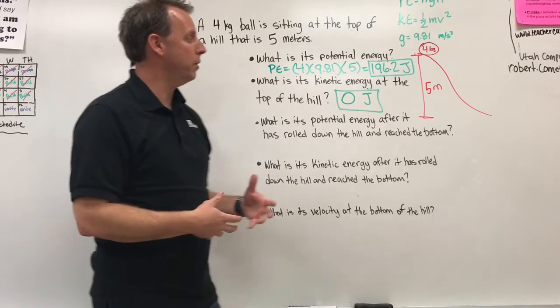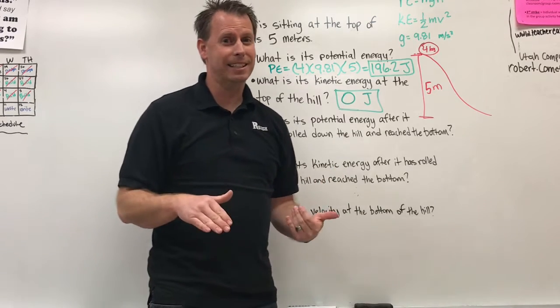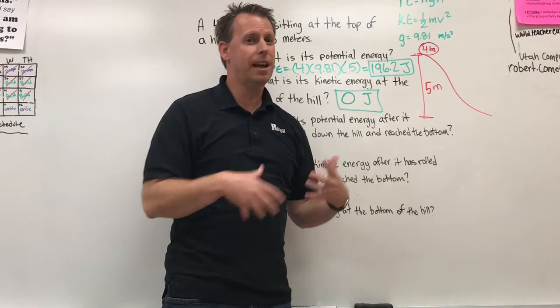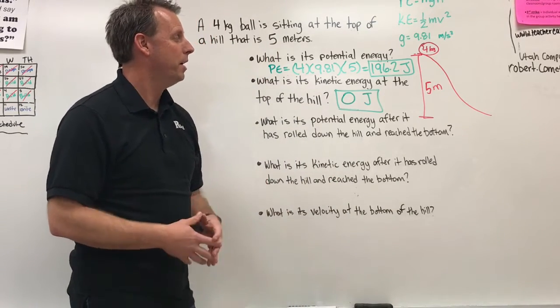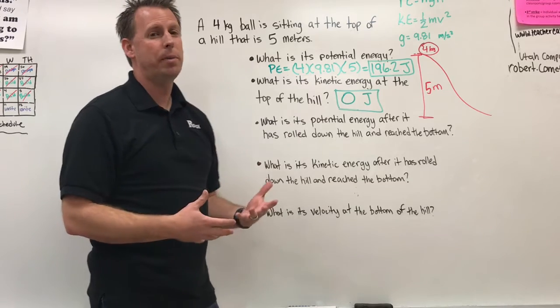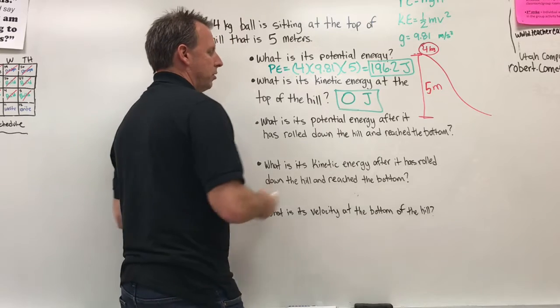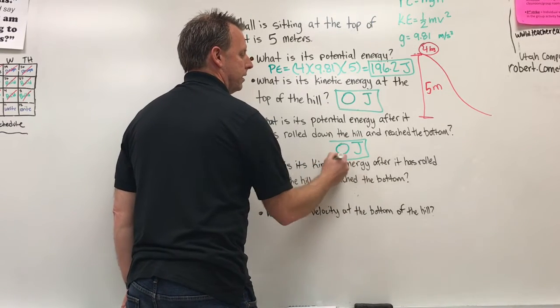And eventually, when it gets to the bottom of the hill, there's no more height. There's 0 potential for it to get faster. It's going to be going as fast as it can go. And so once it reaches the bottom, there is no more potential. Its potential energy at the bottom of the hill is just 0.